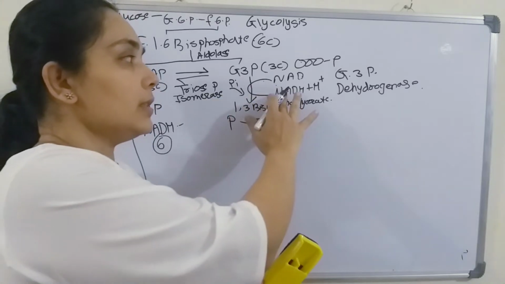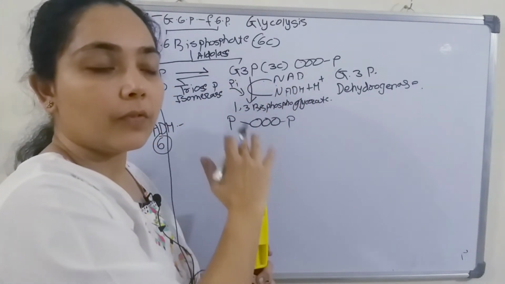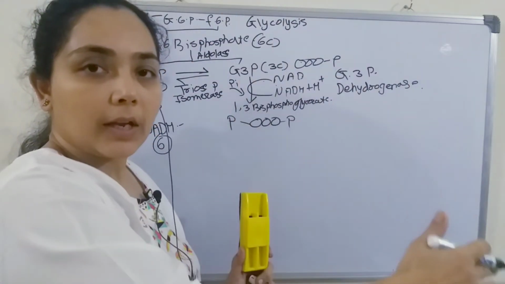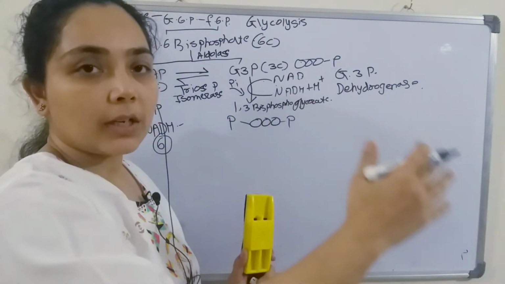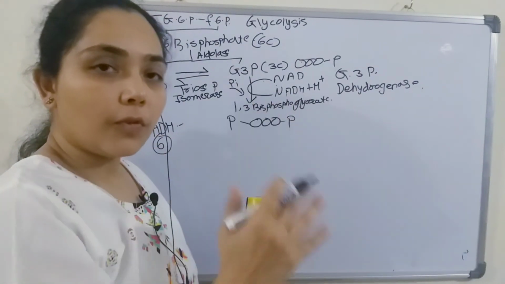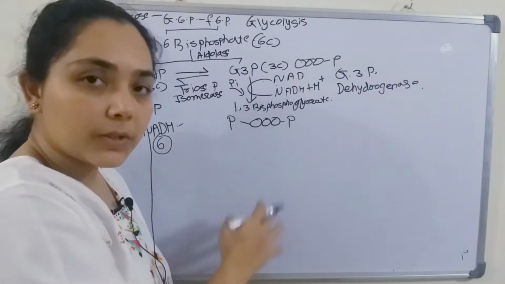Okay, this is known as oxidative phosphorylation, where NADH will enter the electron transport chain, and in the presence of oxygen we will get energy. That is known as oxidative phosphorylation. After that, the ATP we get is by substrate level phosphorylation.